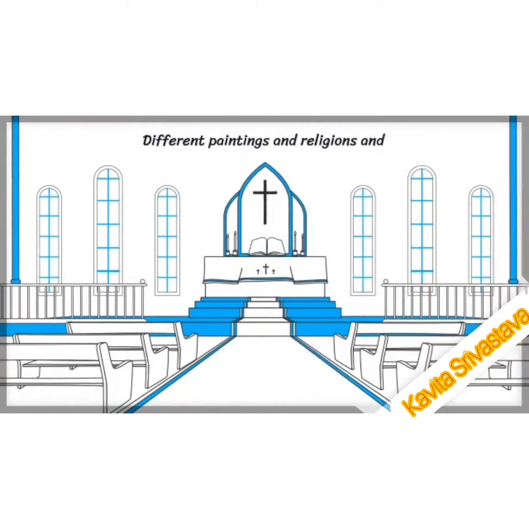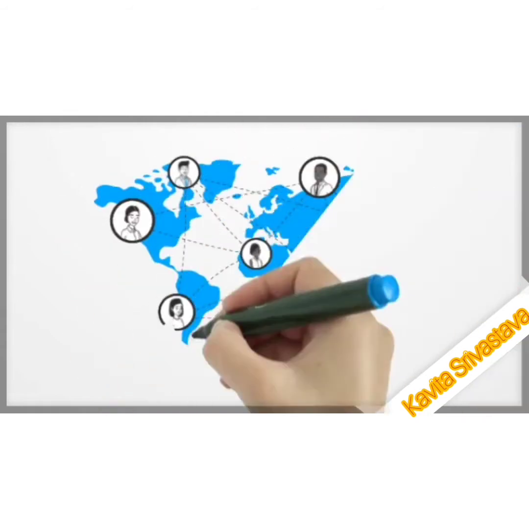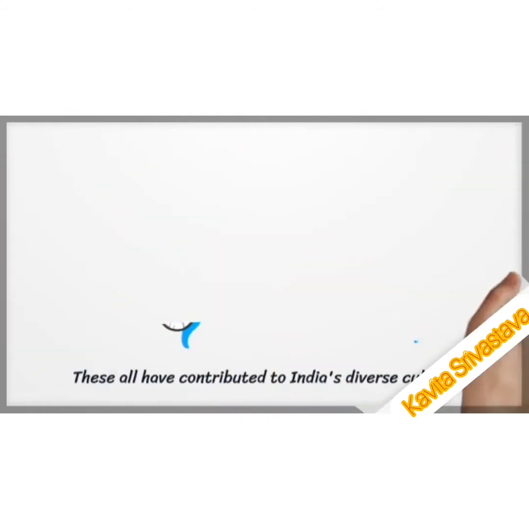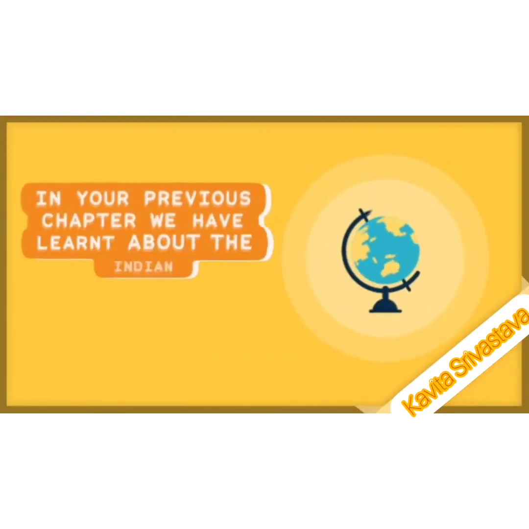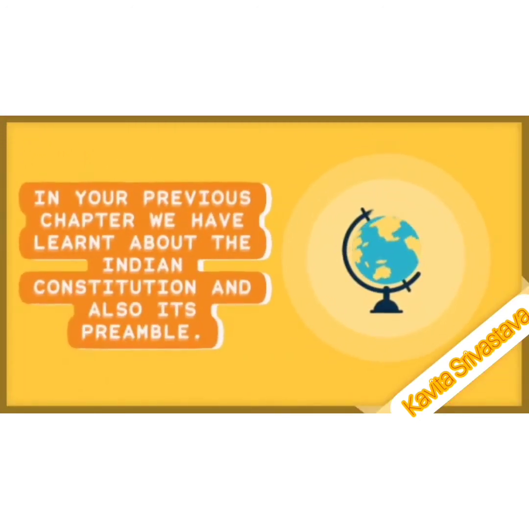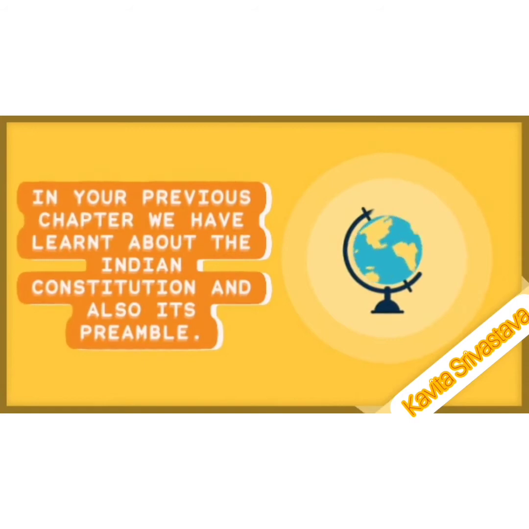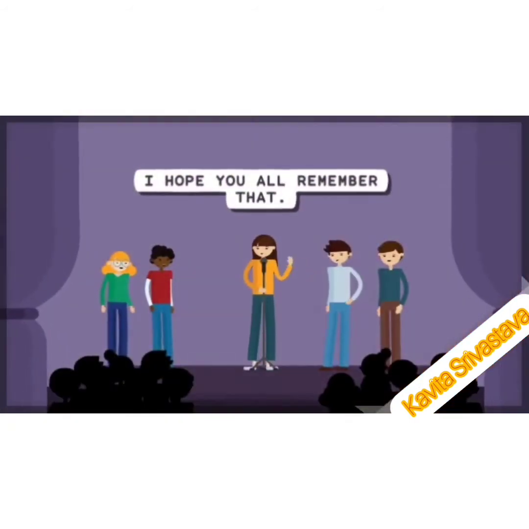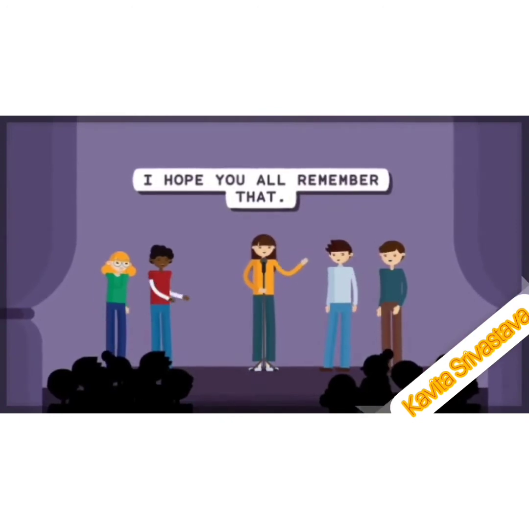So, in your previous chapter, we learnt about the Indian Constitution and also its preamble. I hope you remember that. The term secular was added to the preamble of the Constitution by the 42nd Amendment done in 1976.